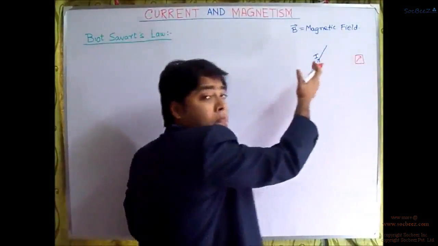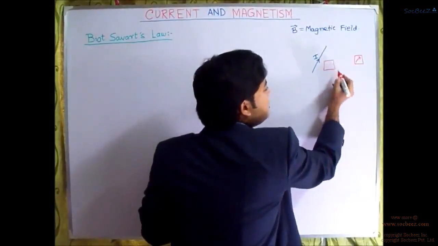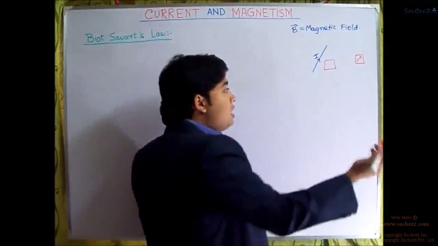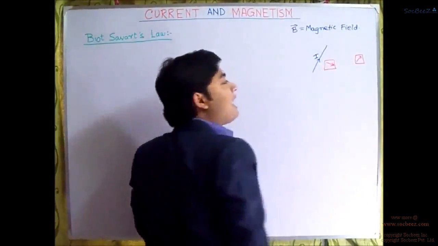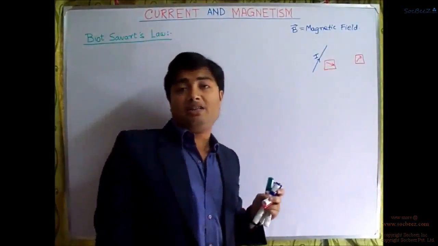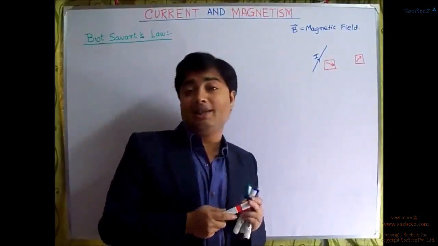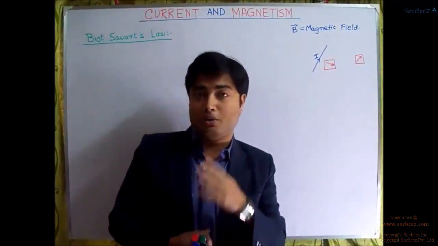But when the same compass was brought nearer to this current carrying conductor, he was amazed to see that the direction of the mariner's compass changed. This was observed accidentally while he was demonstrating a lecture at the university.